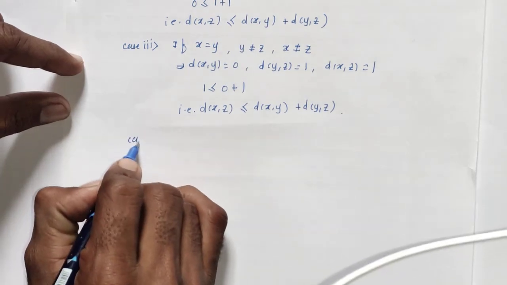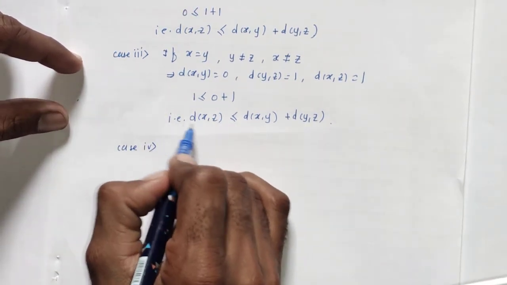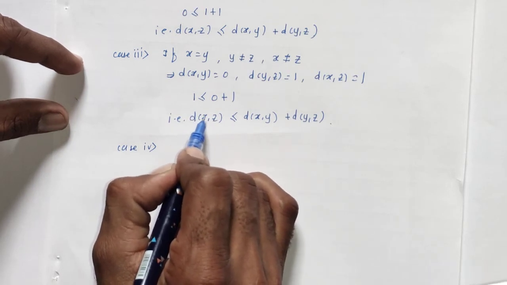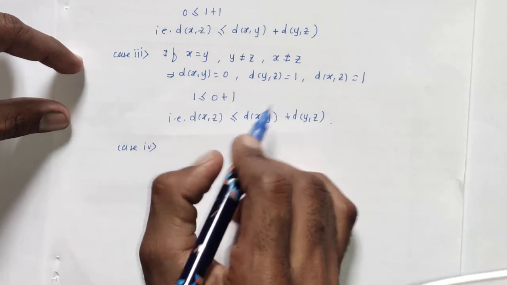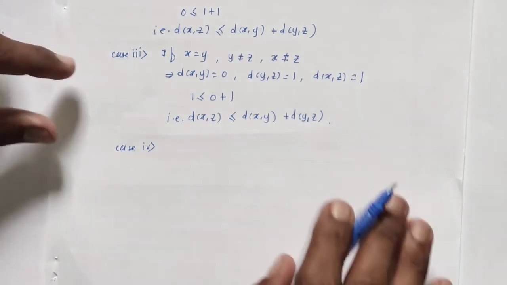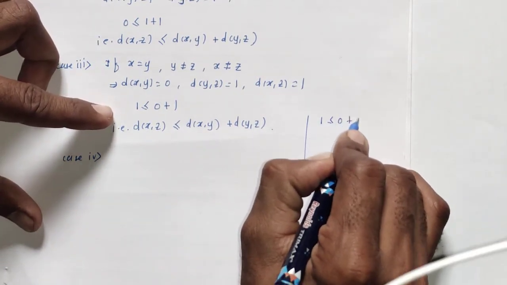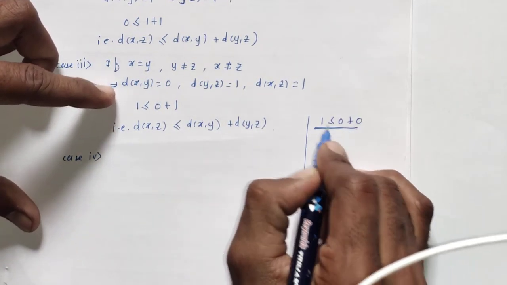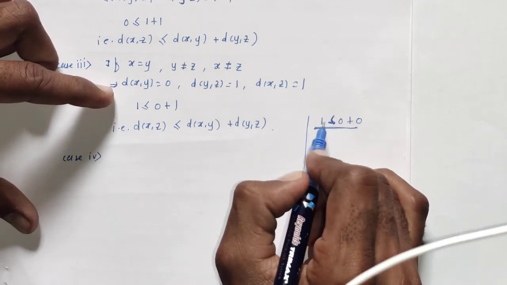Now, in a possible case, if distance of x and z is equal to 1 and the remaining both are 0, just as rough calculation, 1 is less than or equal to 0 plus 0, then our result contradicts, that is, this is not true, 1 is always greater than 0.